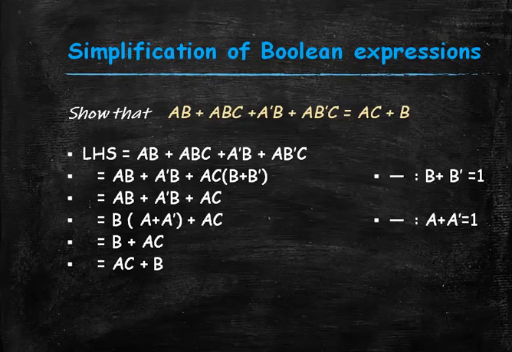Our aim is to simplify a Boolean expression to its simplest form, then only we can use the minimal components. So to simplify the Boolean expression to its simplest form, we must go to other methods.